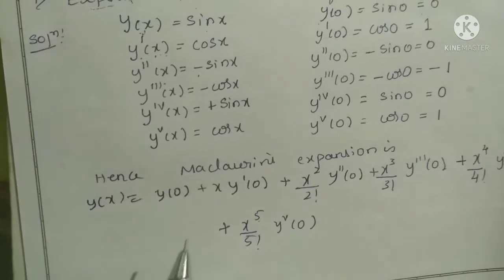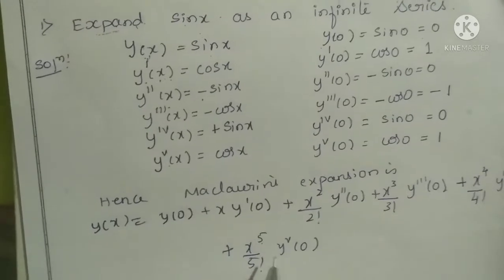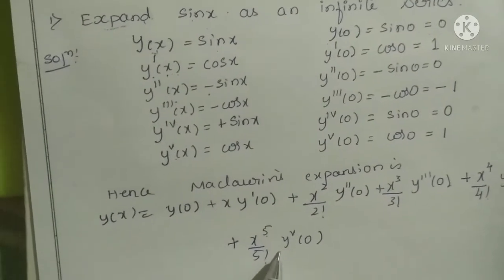Since we have differentiated till y to the power of 5 of x, we'll expand till y to the power of 5 of 0.